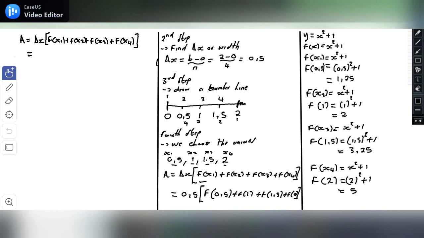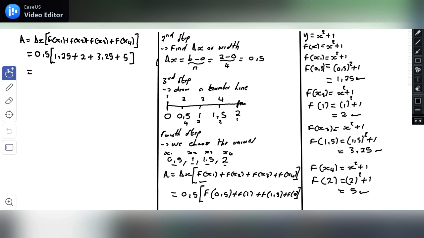What is delta x? We know that the value of delta x is 0.5. f of x1 here is 1.25, plus f of x2 here, which is 2, plus f of x3, which is 3.25, plus f of x4, which is 5.